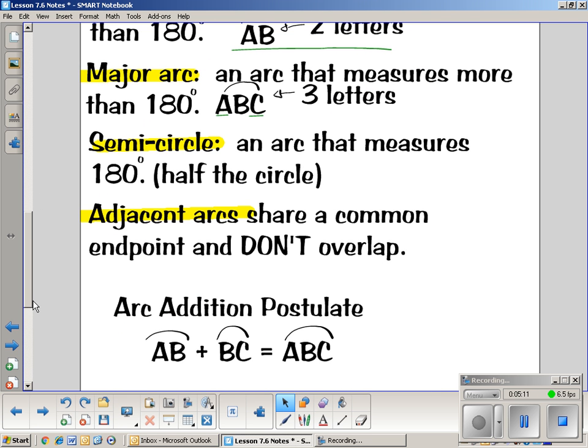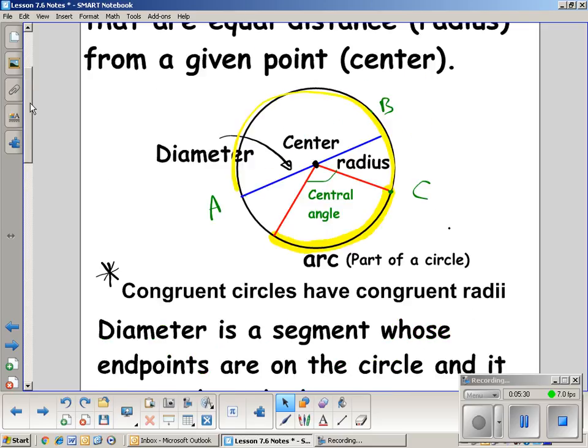A semicircle is an arc that measures 180 degrees. So we're talking half the circle. So the endpoints of a semicircle would also be the endpoints of a diameter. Okay? Go back up and look for a second. If I labeled this D, so arc AD is a semicircle.